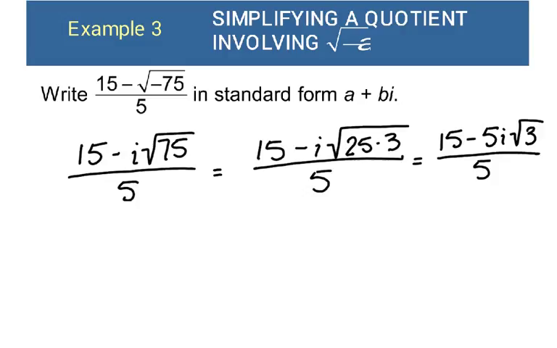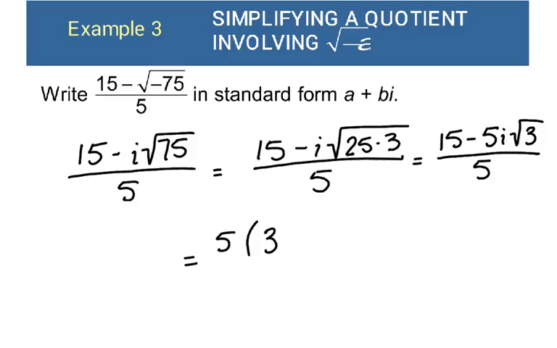Now, my next step here is, in this numerator, both terms, 15 and 5i square root of 3, have the factor of 5. So let's factor out a 5. When we factor out 5 from the first term, 15, we're left with a 3.